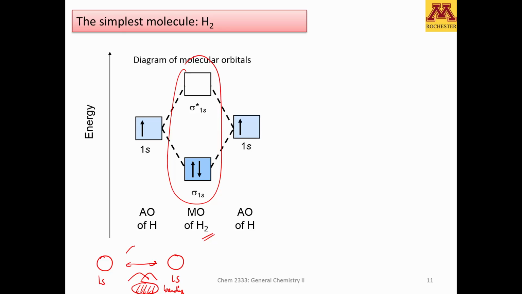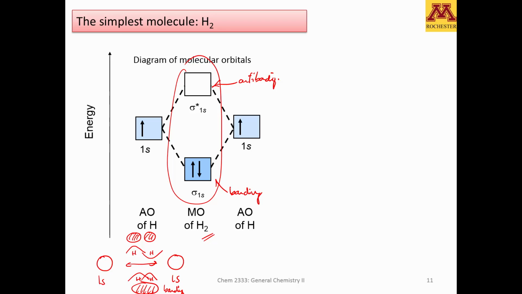Or if one wave is like this and the other one is like that, they will give a non-bonding interaction, this being hydrogens. Okay, hopefully you get a little bit the idea. As you get them closer, there exist two possible combinations of atomic orbitals: the bonding molecular orbital and the anti-bonding molecular orbital. So one first comes up with the overall scheme.